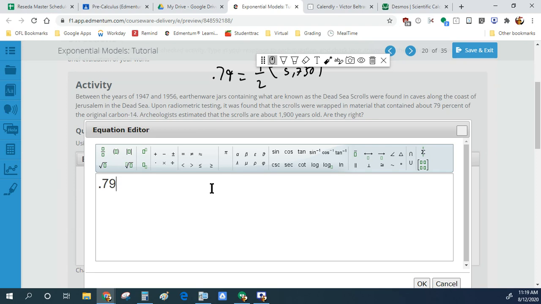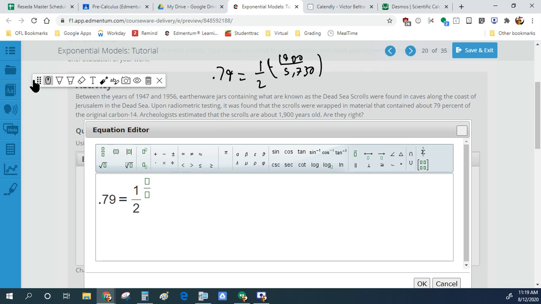So you would do 0.79 equals 1/2 fraction 1/2. We're going to use our little exponent. And in that exponent, there's another fraction. 1900. I know I've gone over how to do this several times. I'm just doing it right now so you guys can get a refresher on how to use the equation editor.